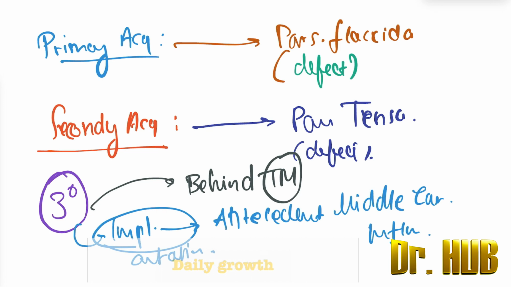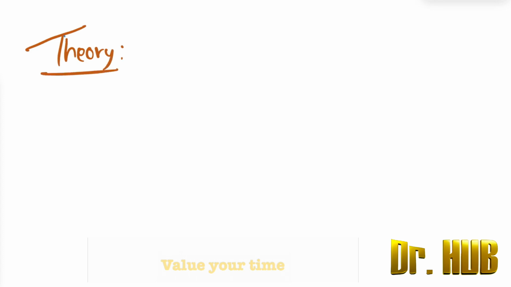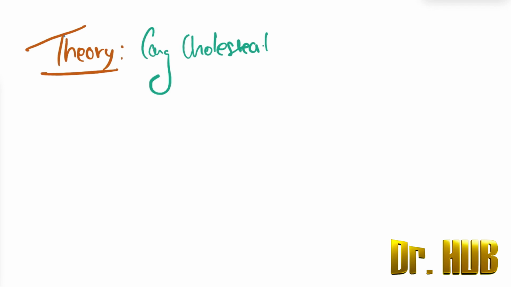Next we are going to look at the theories. This is also very important to know. Under theories, there is the congenital cholesteatoma, and the theory here is the congenital cell rest.